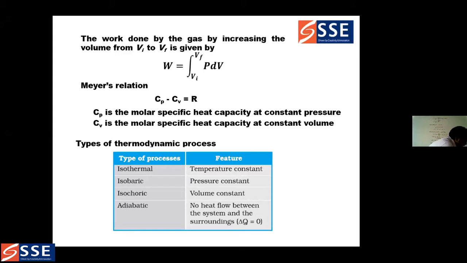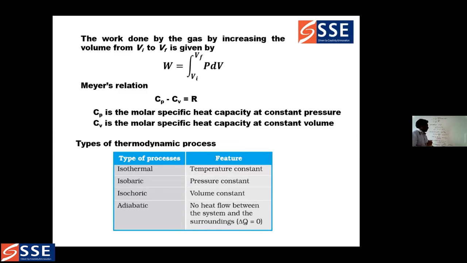So, types of thermodynamic process. There are four types: isothermal, isobaric, isochoric, and adiabatic. What is iso? Iso means constantly maintained. In isothermal, temperature is constantly maintained, so isothermal has constant temperature.